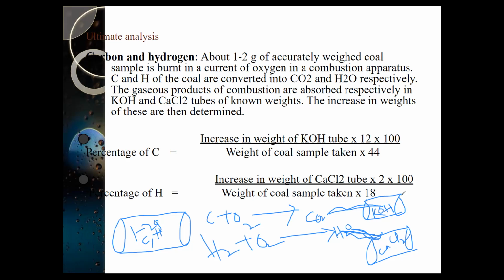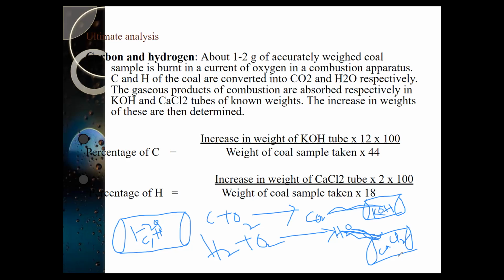So by the increase in the weight of potassium hydroxide, we can find out the percentage of carbon by knowing the amount of carbon dioxide. Same in the case of percentage of hydrogen also, because the water molecule is absorbed by the calcium chloride bulb. That is the nature of calcium chloride.